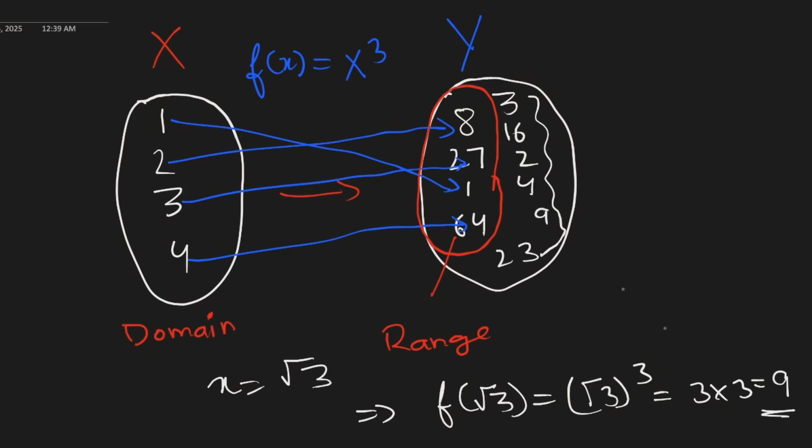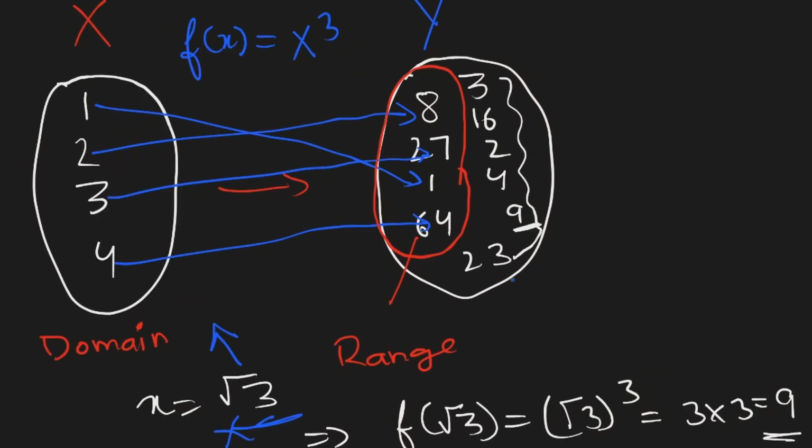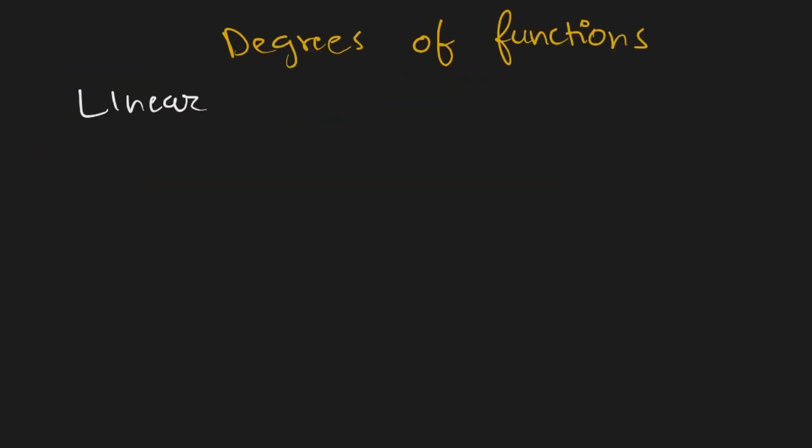But if we choose any input other than these four values, we definitely can get 9. So that's the difference between range and codomain. Codomain consists of all the possible answers, whereas range consists of all the answers that we get after putting in the given inputs.